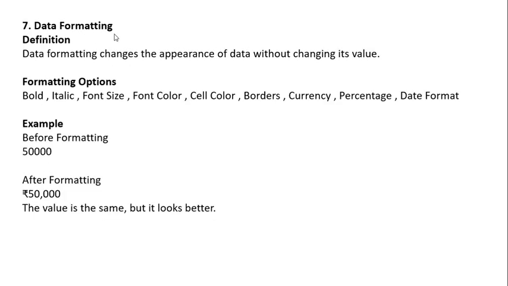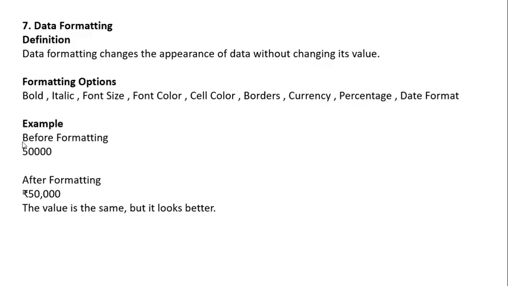Seventh is data formatting. Data formatting is changing the appearance of data without changing its values. The formatting options are bold, italic, font size, font colors, cell colors, borders, currency, percentage, and date formats.